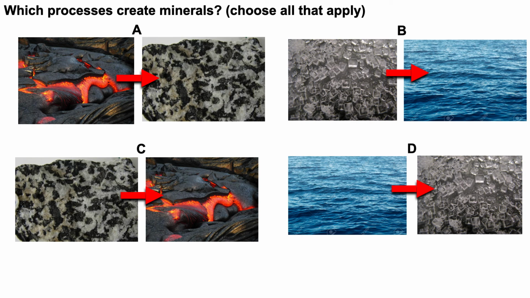All right, so we're going to use some of the images from earlier pictures and see if you can think of what processes go with these images. For instance, A is showing hot molten rock moving to solid rock, and that's the process we're talking about, whereas B is moving from solid halite crystals to being dissolved in water.